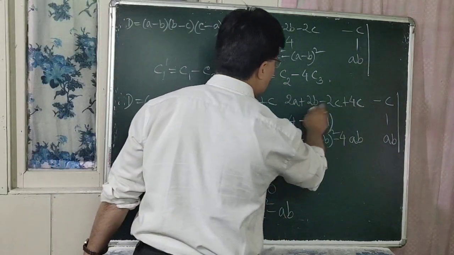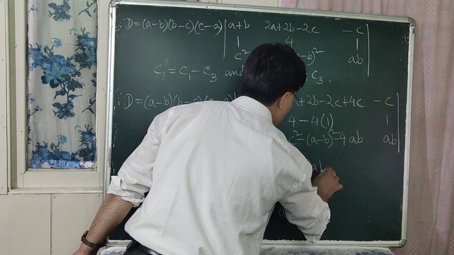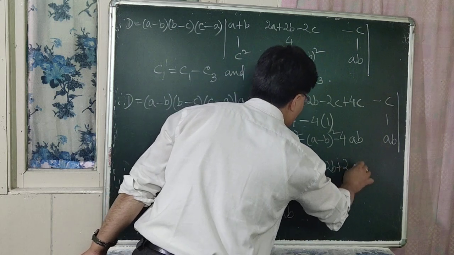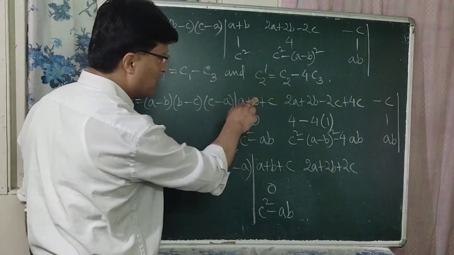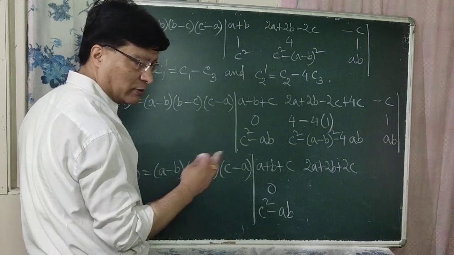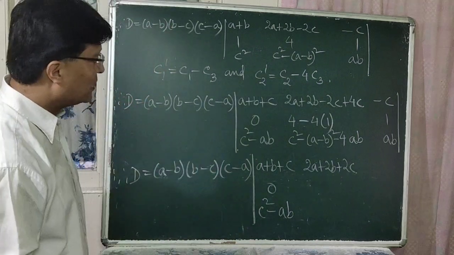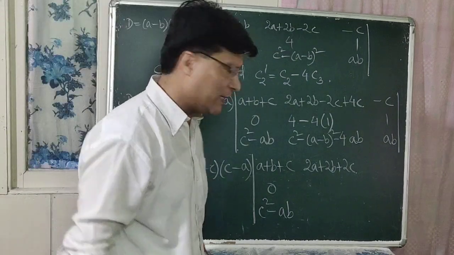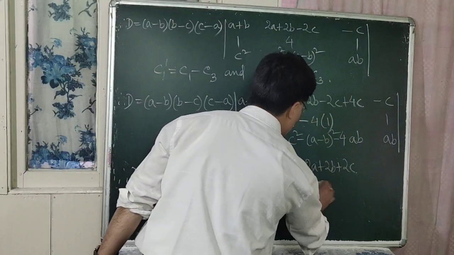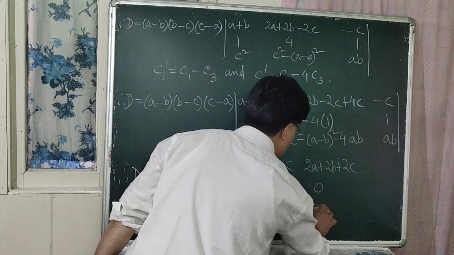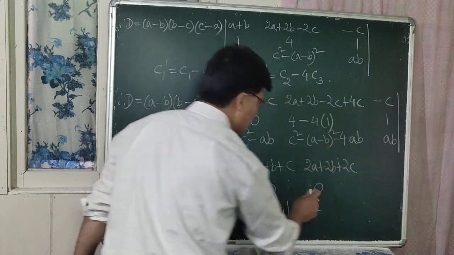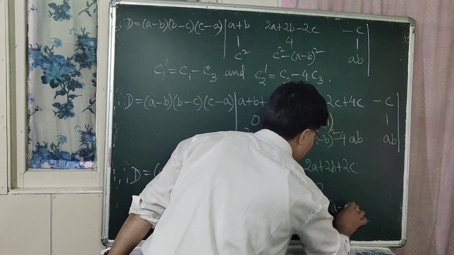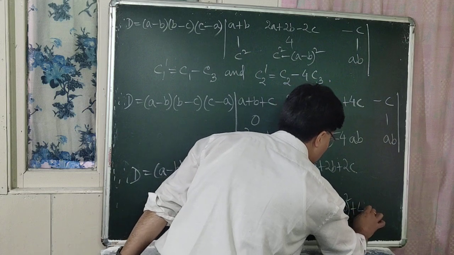What is here? 2a plus 2b plus 2c, okay? Minus 2c plus 4c is plus 2c. Different signs are there, so you have to subtract them and write down the sign of the greater number, right? 4 minus 4 is always 0. Here also c square minus is taken common, so within the second bracket we have a minus b whole square plus 4ab.